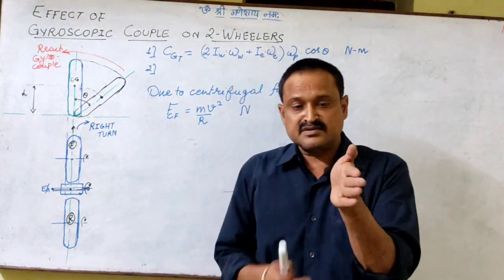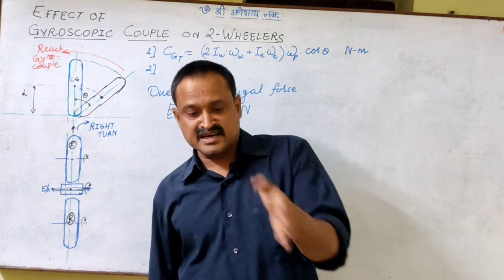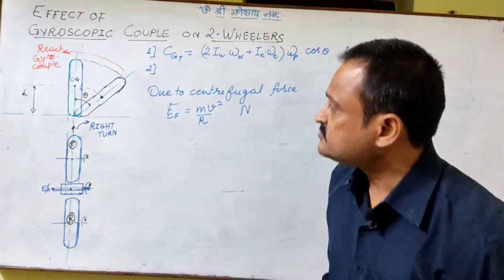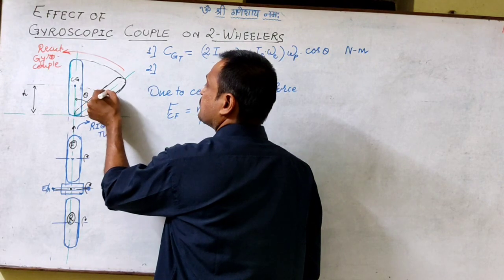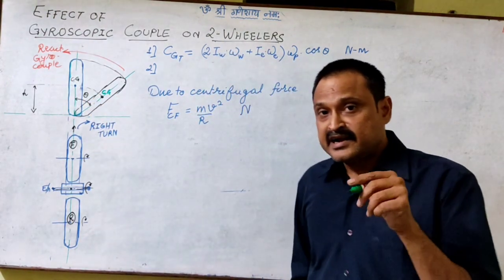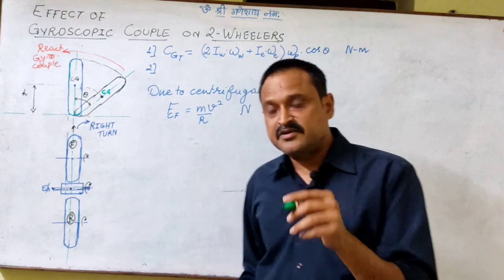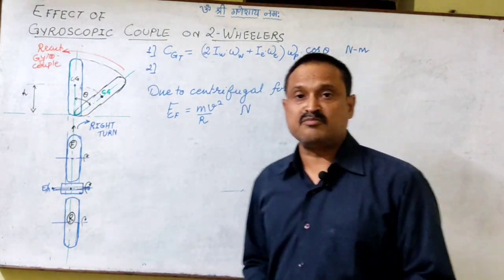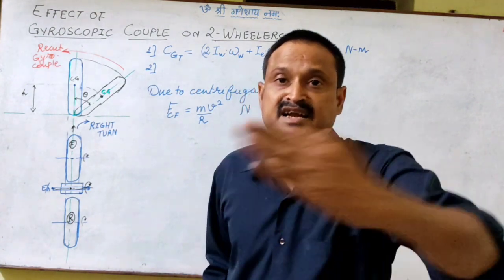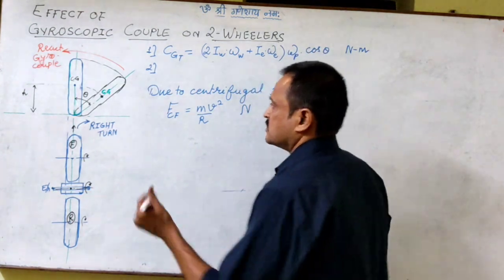Now during the turn, what is happening? The vehicle is getting tilted. That means the center of mass has taken this position during the turn, and during the turn this centrifugal force will be acting from the center of mass, and that will be acting radially outward.